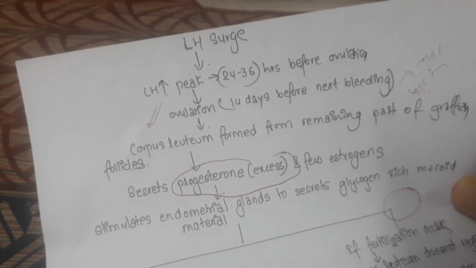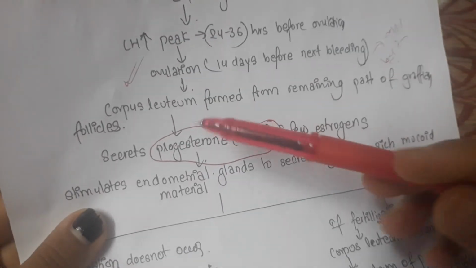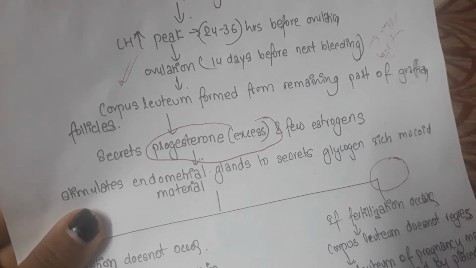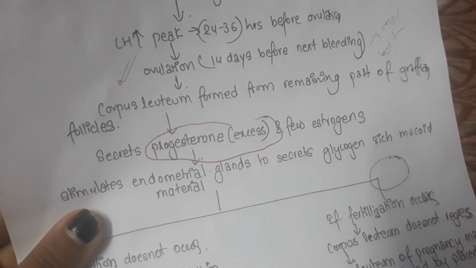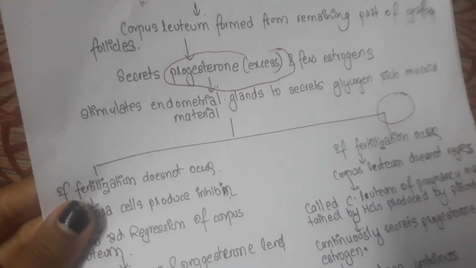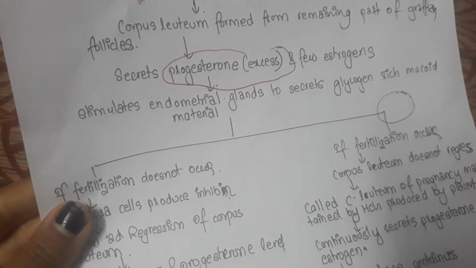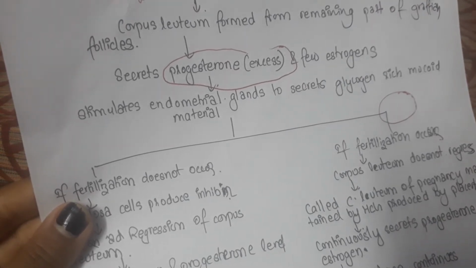For that a proper environment is needed, and that occurs with the help of progesterone. It helps in making the environment suitable for the zygote to grow, whether it's food material or any nutrient supply, it tries to make everything.